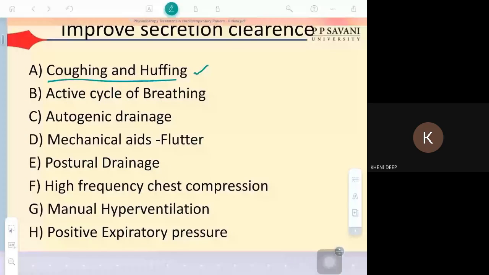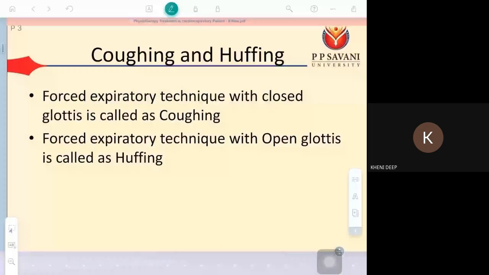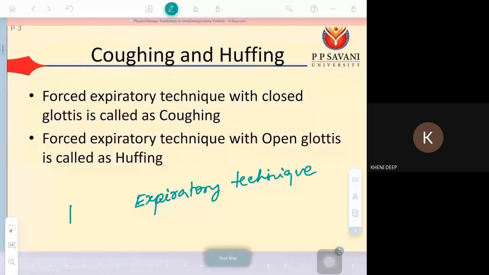So how will you define coughing and huffing? Forced expiration. See, coughing is an expiratory maneuver, an expiratory technique.